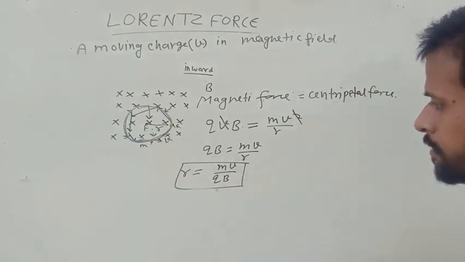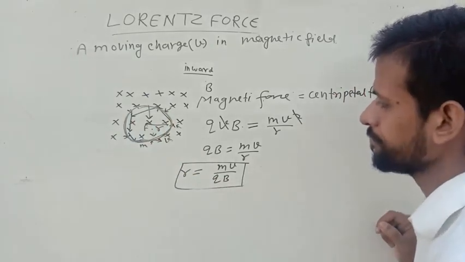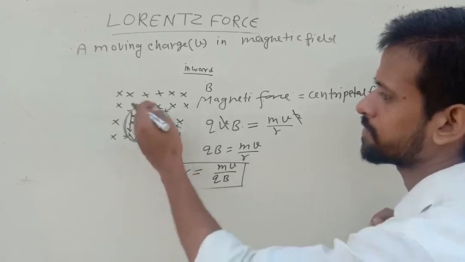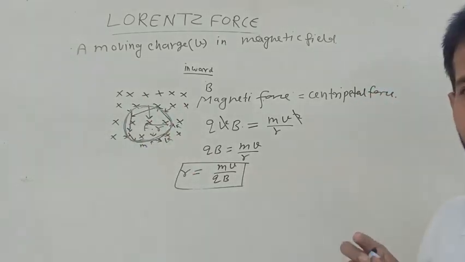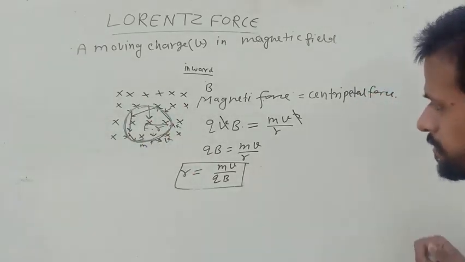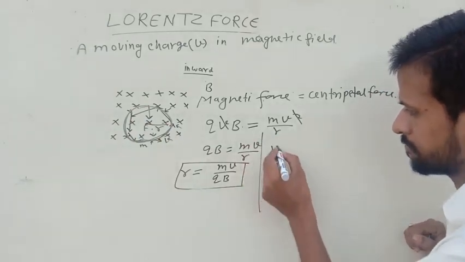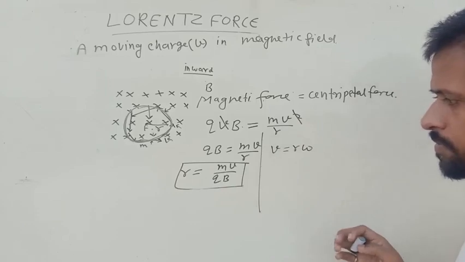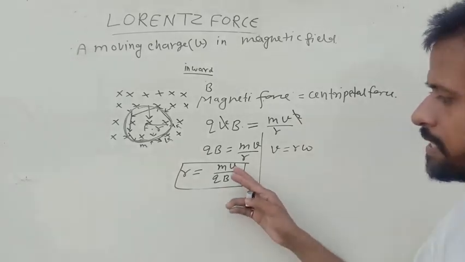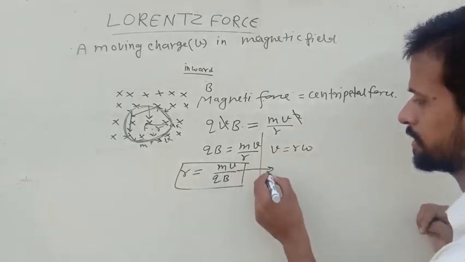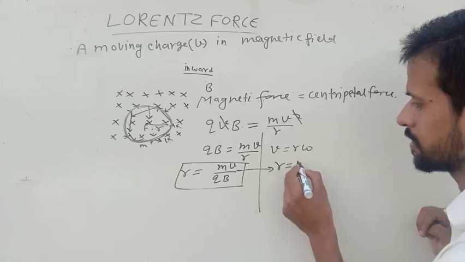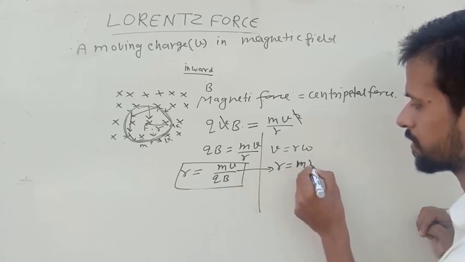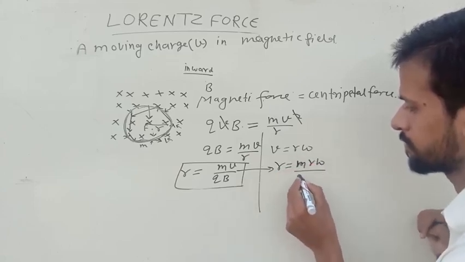If it performs circular motion, what will be the angular velocity? We know that v is equal to r omega. So we can write v as r omega, then in this equation r equals m times r omega upon qB.